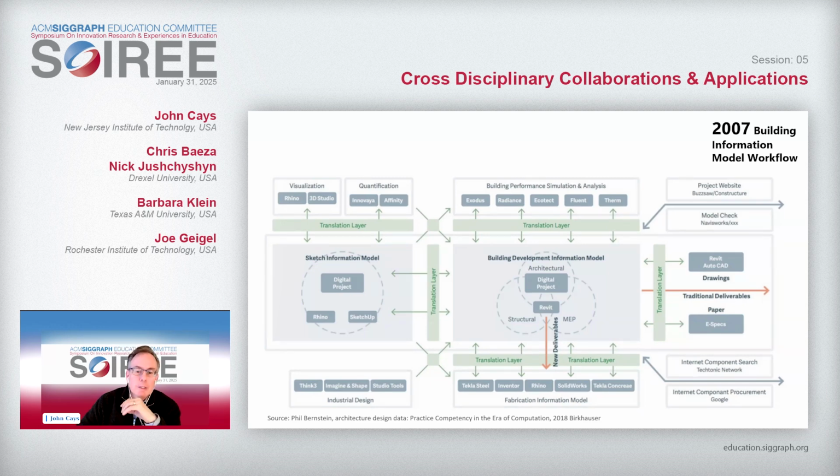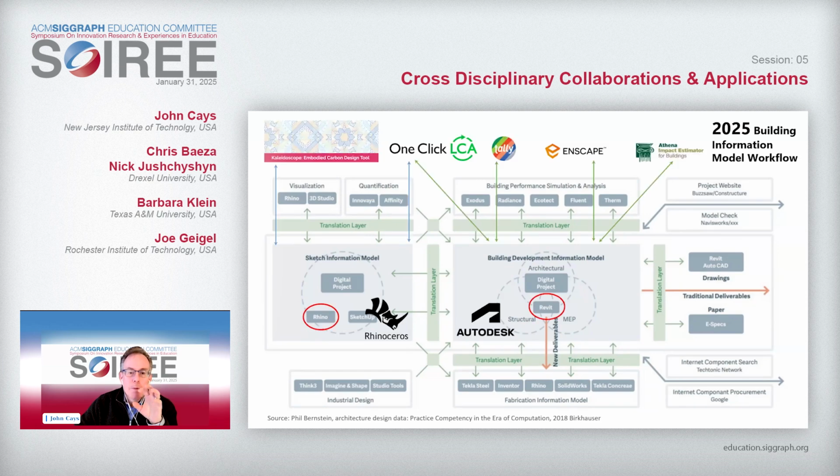While much of the original structure persists today, new tools to simulate, quantify, and visualize environmental impact have emerged. This workflow will soon be augmented with new AI-driven LCA offerings. But McNeel's Rhino and Autodesk Revit will, however, likely continue to act as a primary geometric, parametric, and information modeling tool.